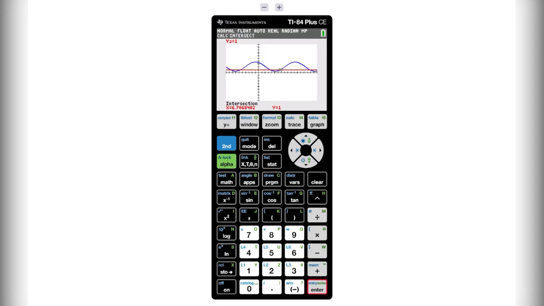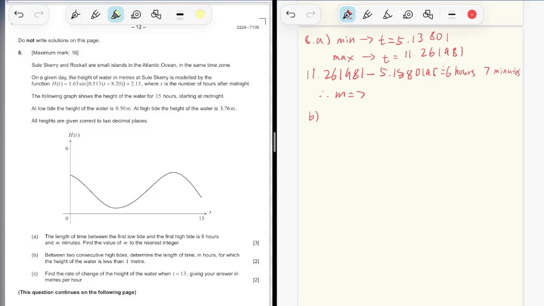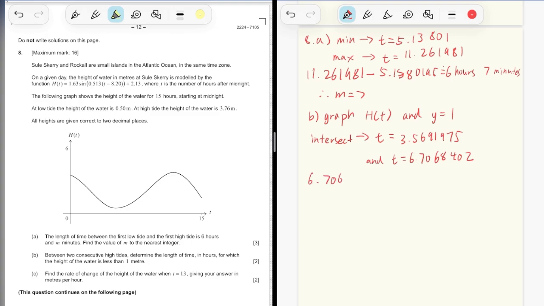And we get this x value. Therefore, that would be 3.14 hours.